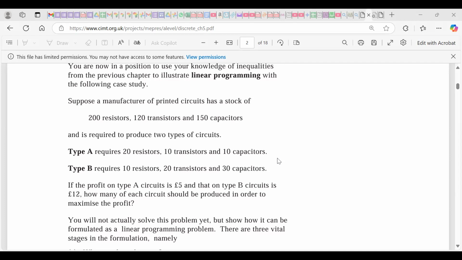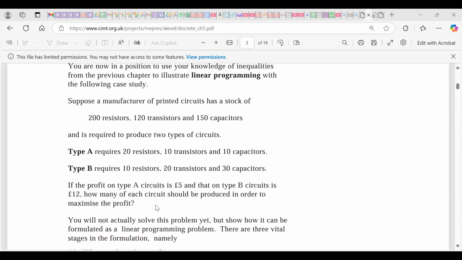They even give you the profit for each circuit. You make $5 on circuit A, you make $12 on circuit B. They're asking how many of each circuit should be produced in order to maximize the profit.